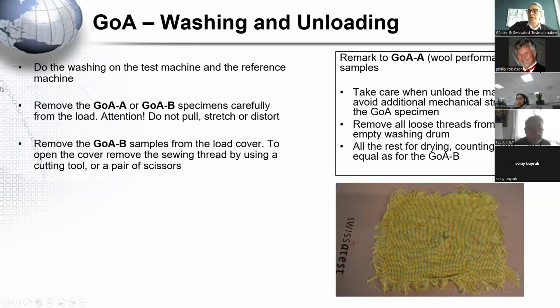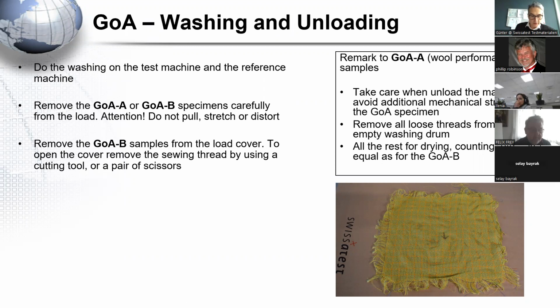Then you have to remove the GoA B sample from the load cover. To open the cover, remove the sewing. When you know how to do it, you can do this really easily by pulling on the sewing thread. You can also use a cutting tool or a pair of scissors. After removing, do this immediately.